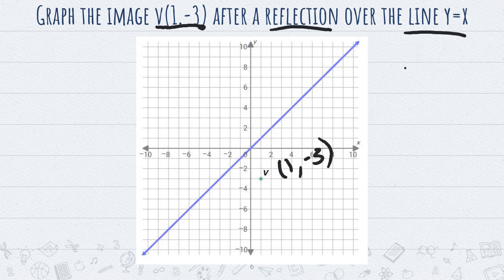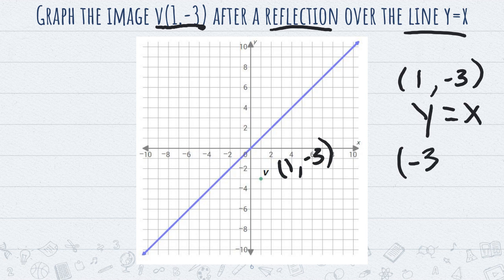So if I am at 1, -3, and I'm reflecting over the line y equals x, what are my new coordinates going to be? If you said that you're going to switch them, you might be correct. So if you said -3, 1, because if our y needs to equal x, that means that we're going to flip our coordinates.